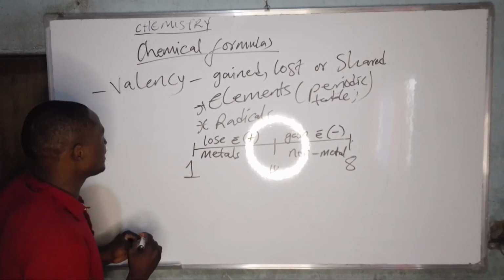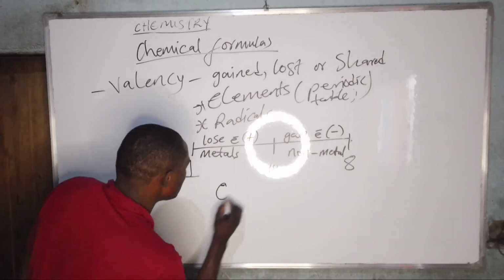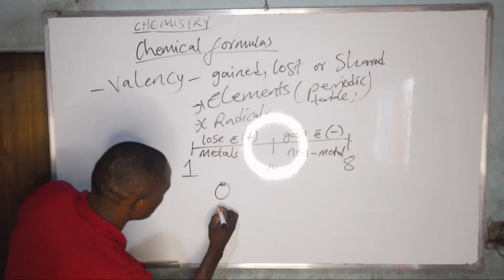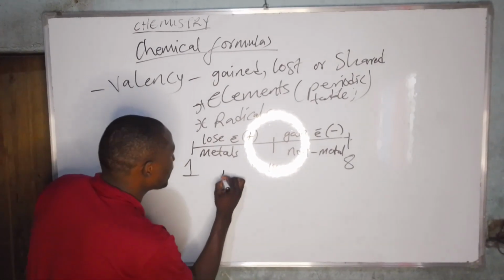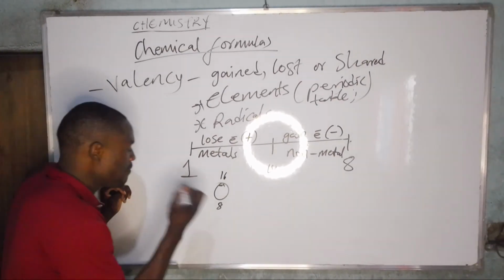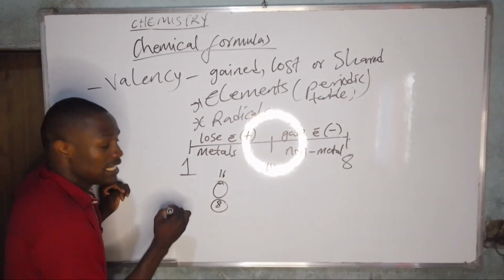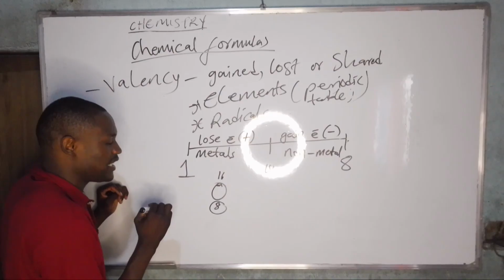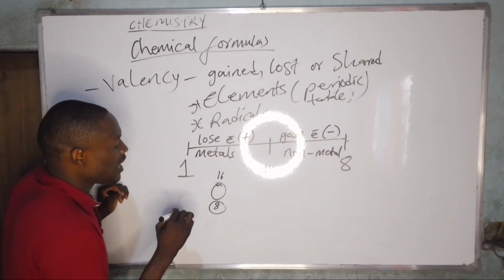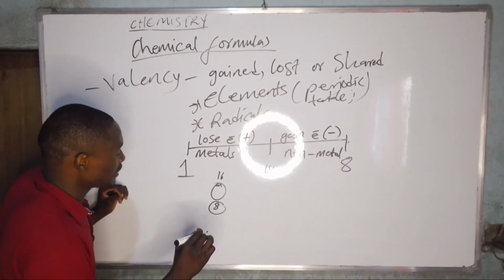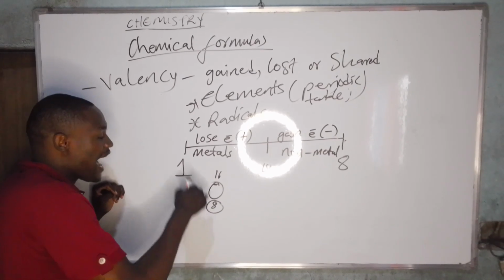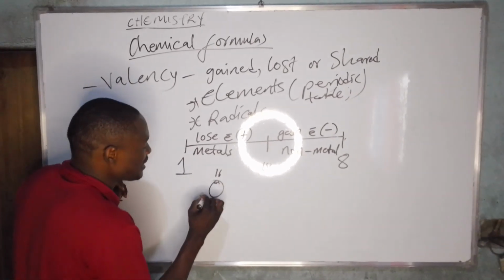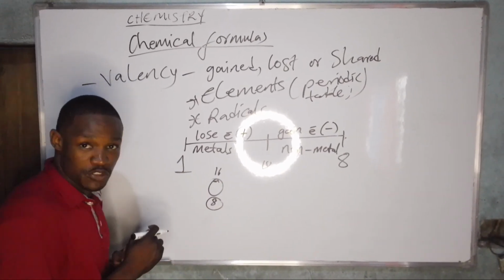If we go on the periodic table, we find that oxygen is an element which is written like this. Down here, we find 8. Up here, we find 16. Remember, this is the proton number. The proton number of any element is equal to the number of electrons that that element has, as long as that atom is neutral.